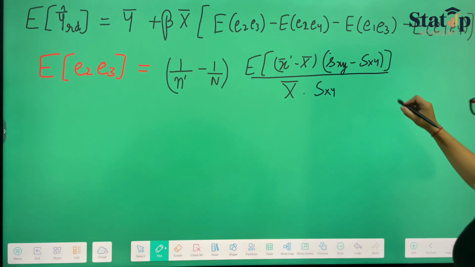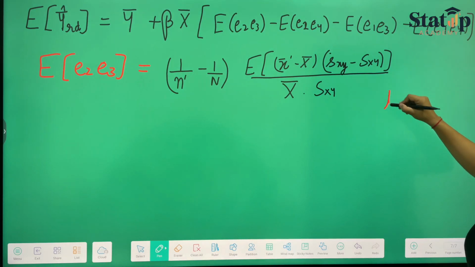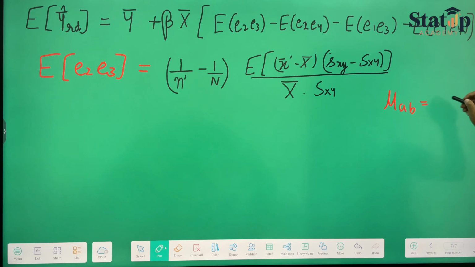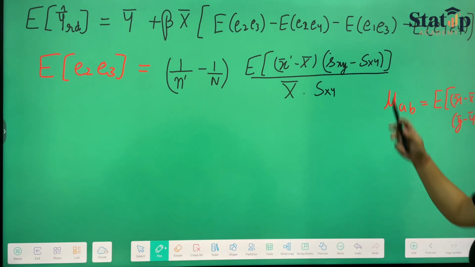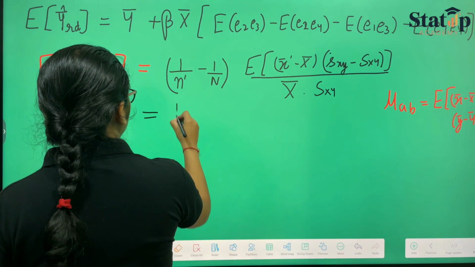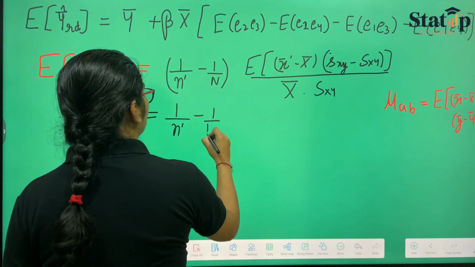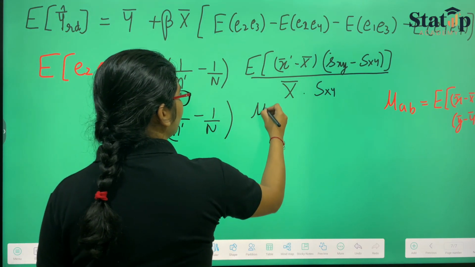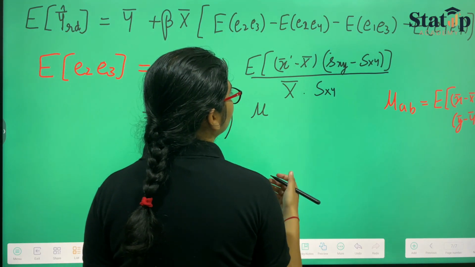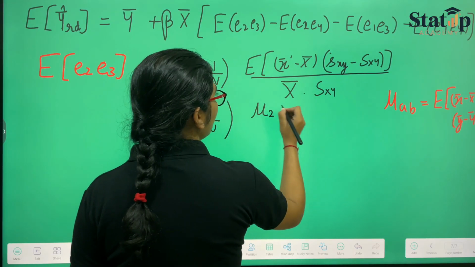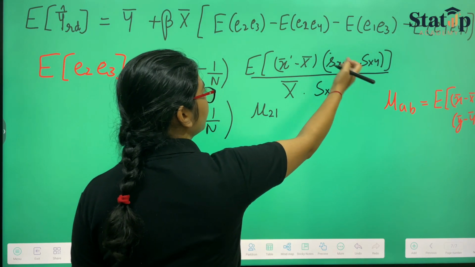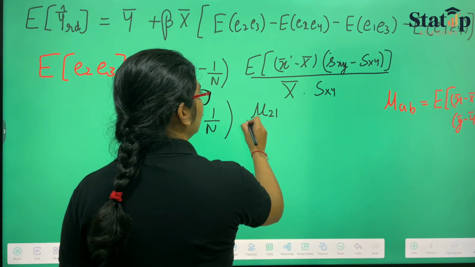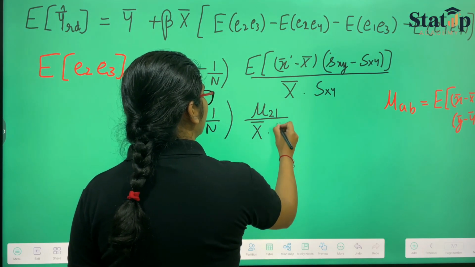Now there is one formula which says that mu of AB is nothing but the expectation of (x bar minus capital X bar) raised to the power A and (y bar minus capital Y bar) raised to the power B. So here we can write 1 upon n prime minus 1 upon capital N mu 21 upon x bar into sxy, because the power of x is 2 and that of y is 1.